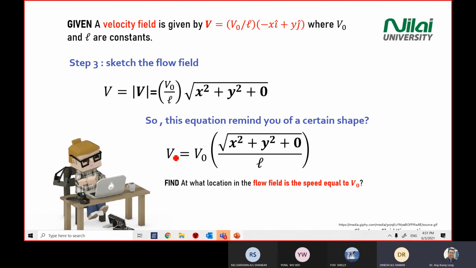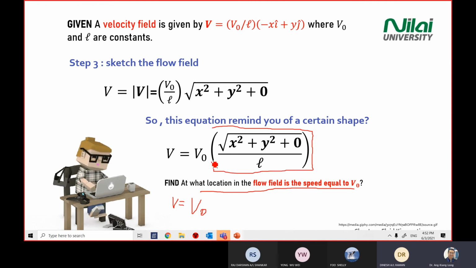You have V equal to V0 times the square root of X squared plus Y squared plus 0, divided by L. If the question asks you to find a flow field that the speed equal to V0, if the speed in the flow field V equal to V0, what is the value of this component? This equal to what?